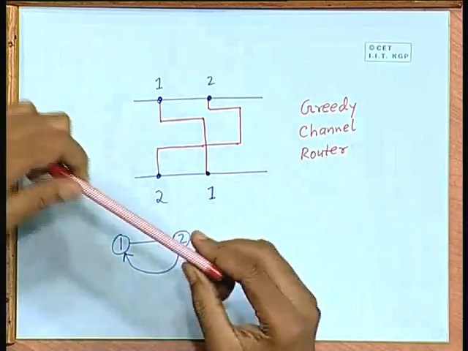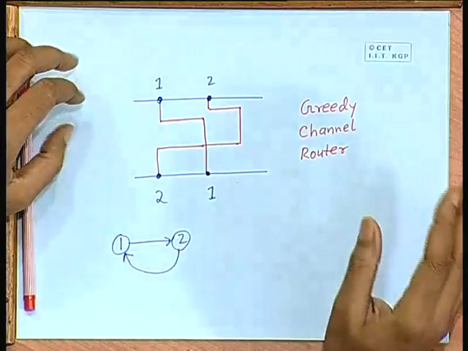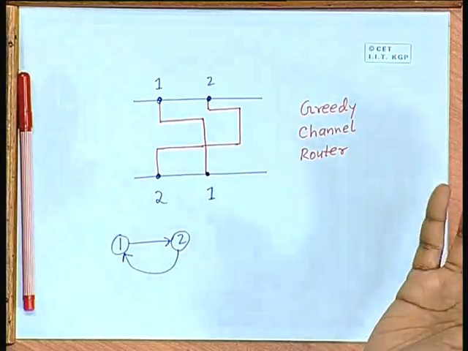unlike the other algorithms. If you look at algorithms like the left edge algorithm, the dogleg algorithm, and also Yoshimura and Ku's net merge algorithms, there we had looked at the whole problem in its entirety. There we had talked about the horizontal constraint graph, we had talked about the vertical constraint graph, and then we had combined them to get some solution.